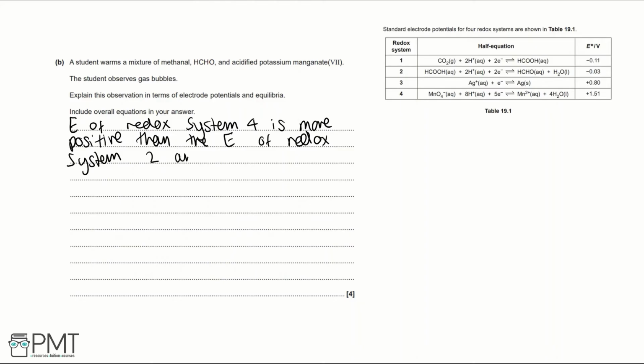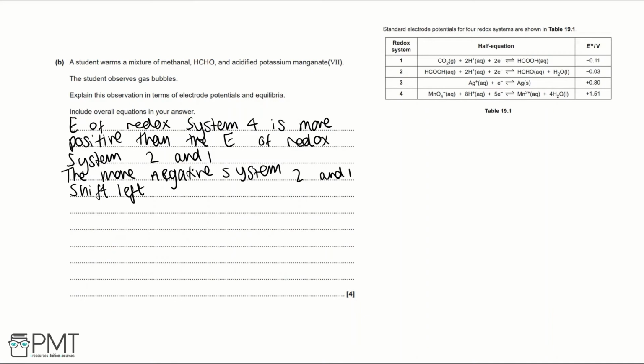So the more negative systems, which are going to be number 2 and number 1, their equilibrium is going to shift left because these are a lot more negative. It's minus 0.11 and minus 0.03 versus 1.51, which is a lot more positive, and it's going to shift right. Redox system 4 is going to shift right.